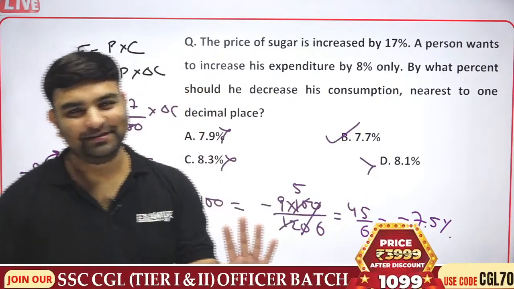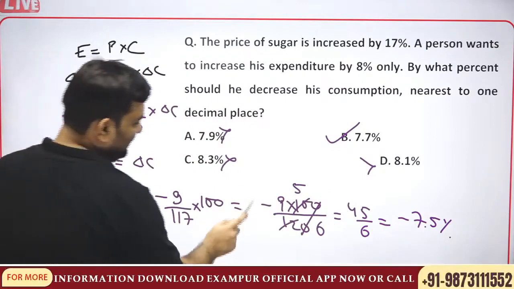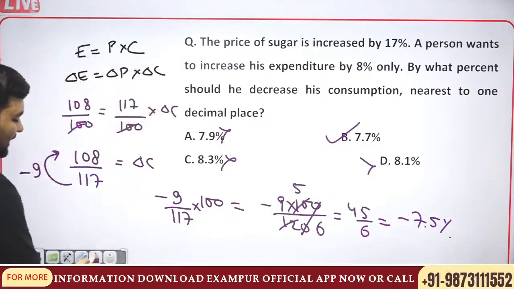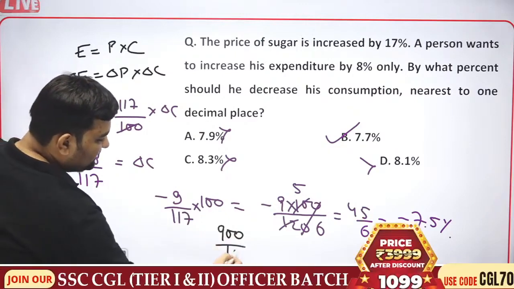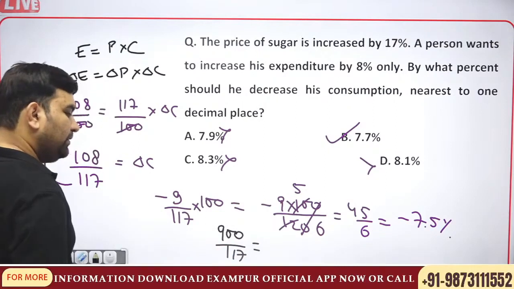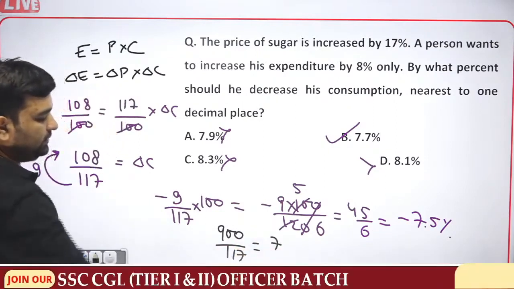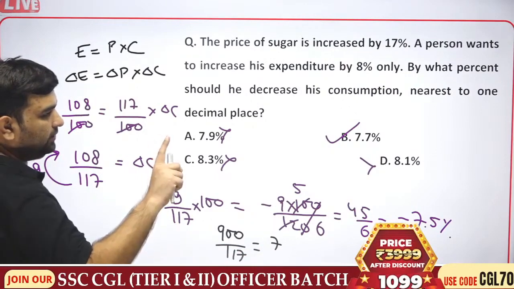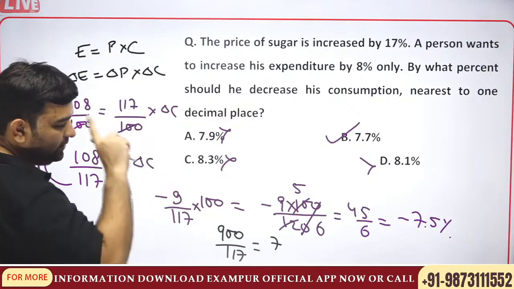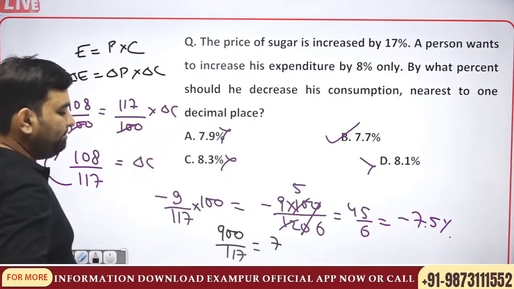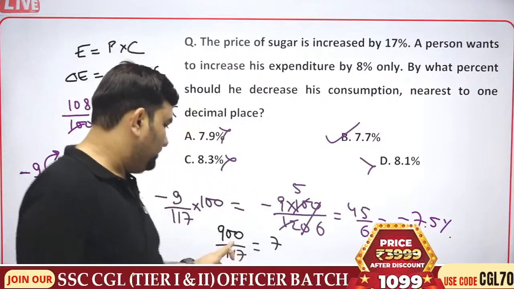If you feel risk, guys, do the complete calculations. It's 900 by 117. 117 into 7 is 819.